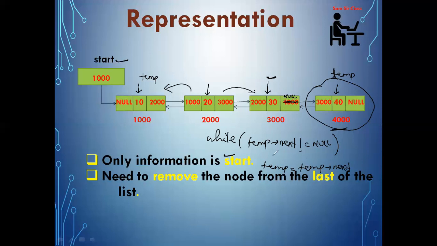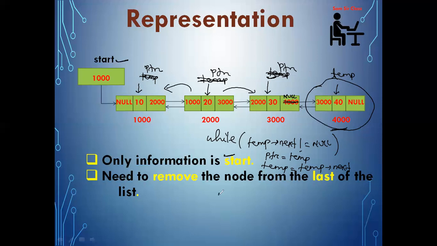So before temp goes to the next node, it will give its address to PTR. One more pointer. So that means when temp comes to the second node, PTR will point to the first node. When temp comes to the third node, PTR will point to the second node. When temp points to the last node, PTR will point to the last but one.